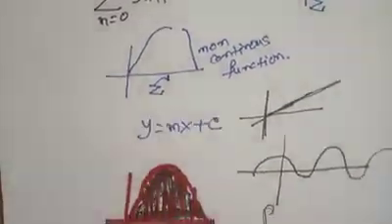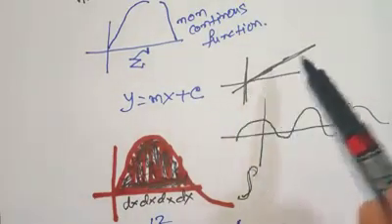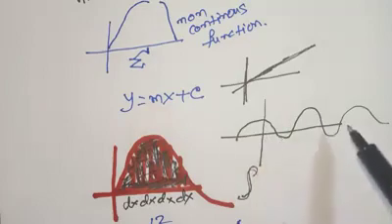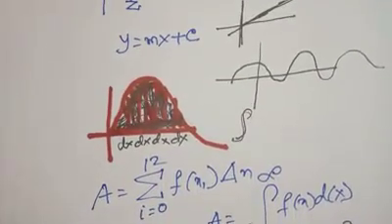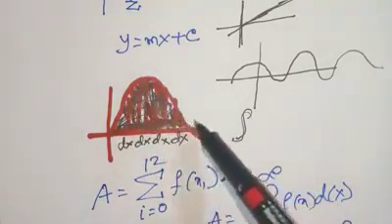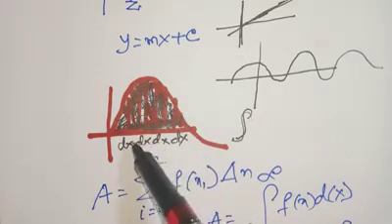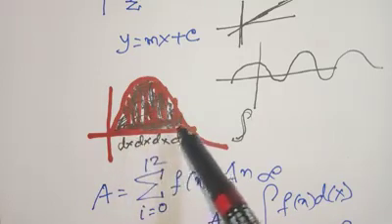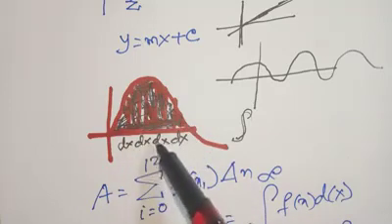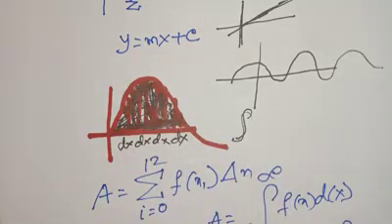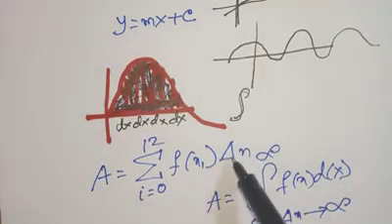Also, I would like to remind you that a continuous function is something which has no break. It can be y equals mx plus c, and it can be a sine wave, parabola, hyperbola, anything like that. Over here, what I have tried to explain is that if we get a continuous function and we are trying to break this function into small pieces, which are further infinitesimally small pieces, which are dx and so on, in that case we would use summation first, because in this case delta is varying.